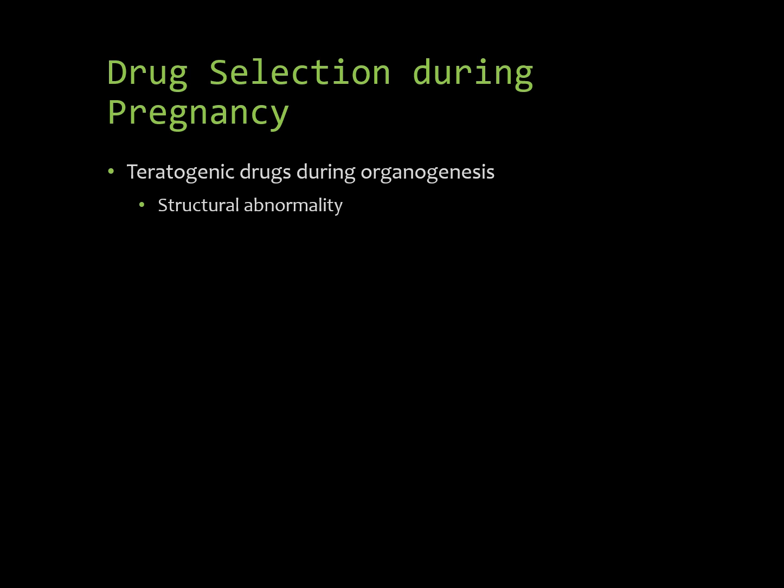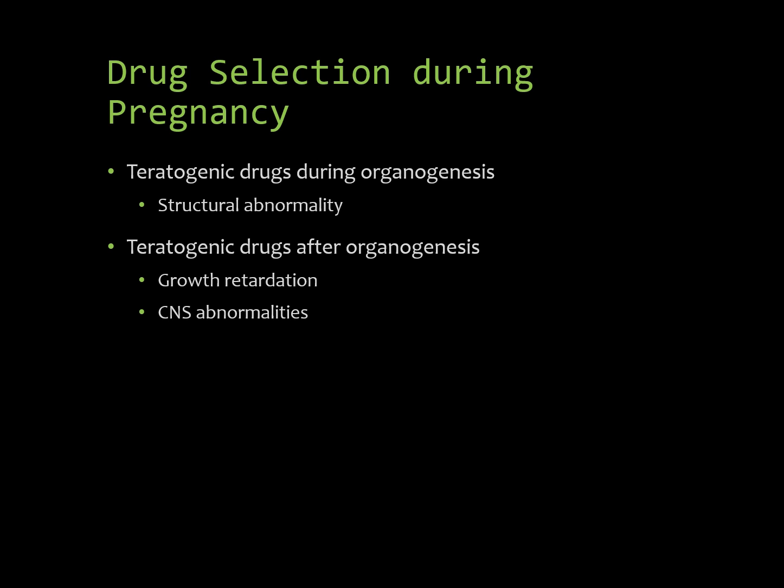Teratogenic drugs means the drugs which can cause malformations in the embryo or fetus. So if teratogenic drugs are given during organogenesis, they can cause structural abnormality, whereas teratogenic drugs given after organogenesis can cause either growth retardation or CNS abnormalities, as is evident from the chart which was shown in the previous slide.